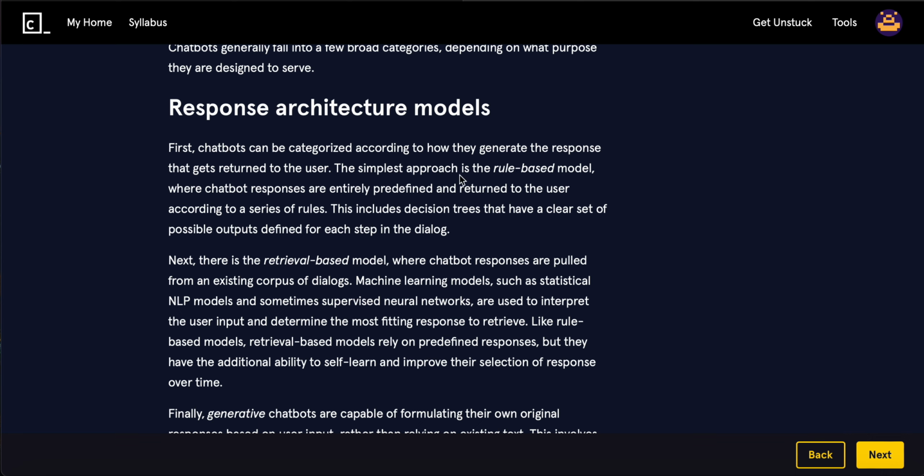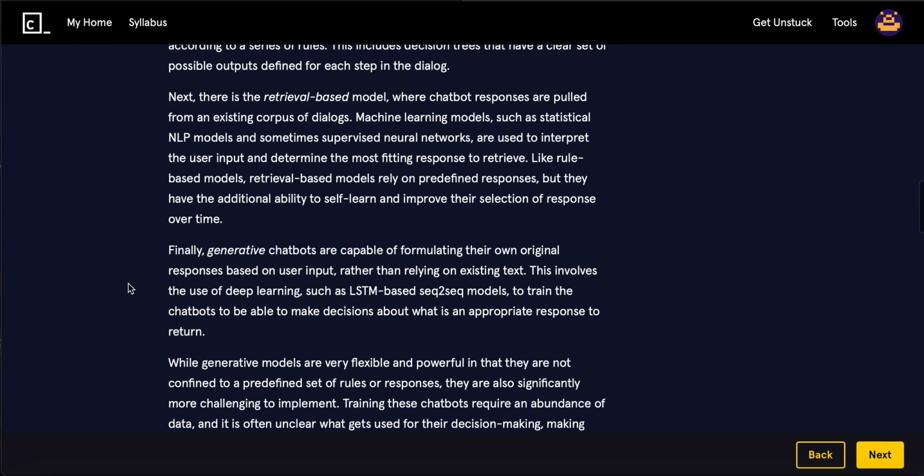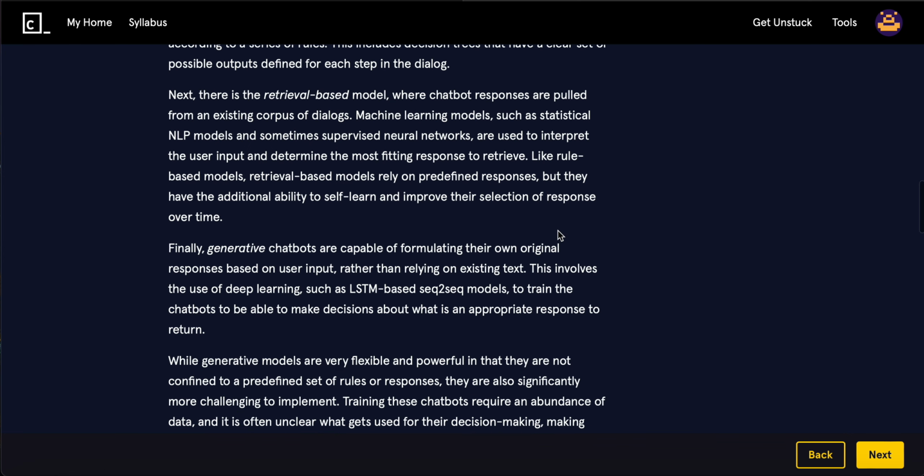The simplest approach is the rule-based model, where chatbot responses are entirely predefined and returned to the user according to a series of rules. This includes decision trees that have a clear set of possible outputs defined for each step in the dialogue. Next, there is a retrieval-based model where chatbot responses are pulled from an existing corpus of dialogues.